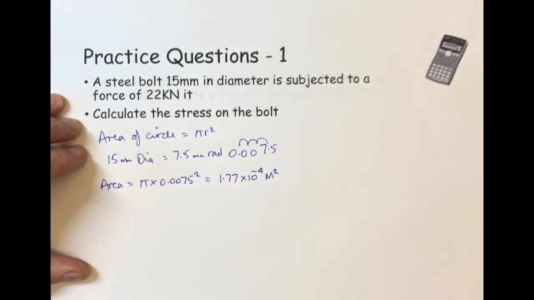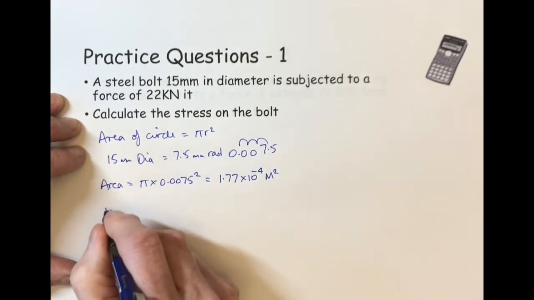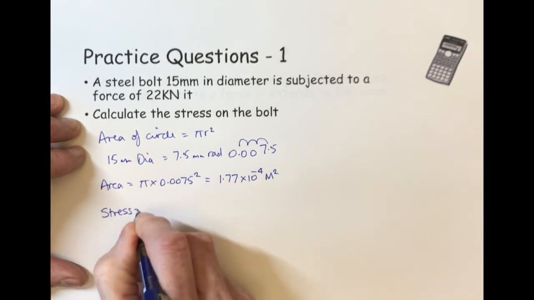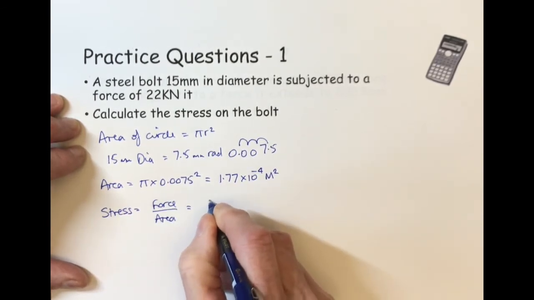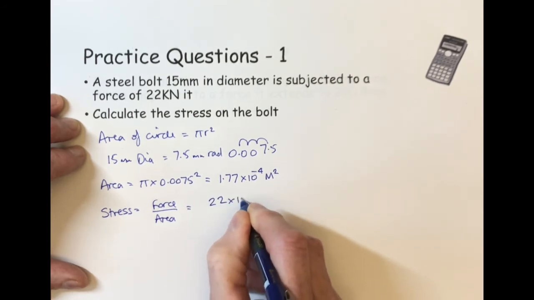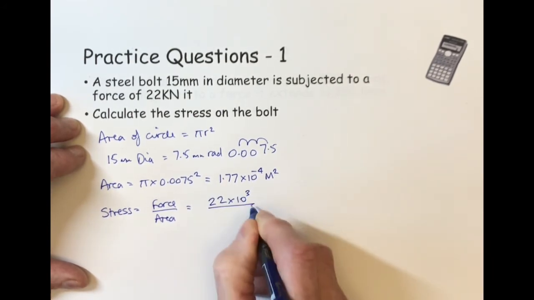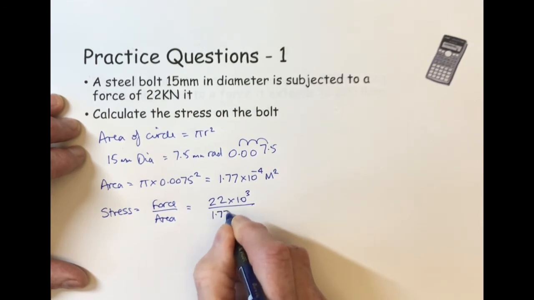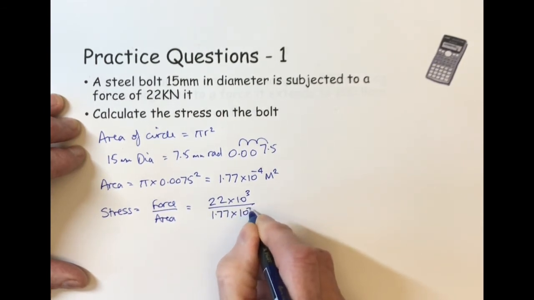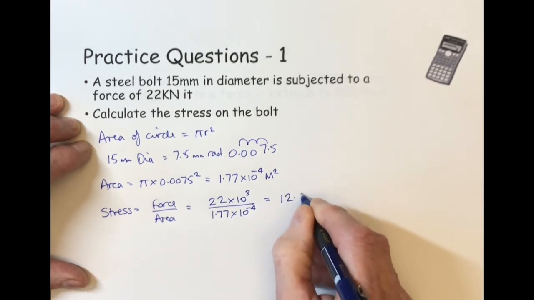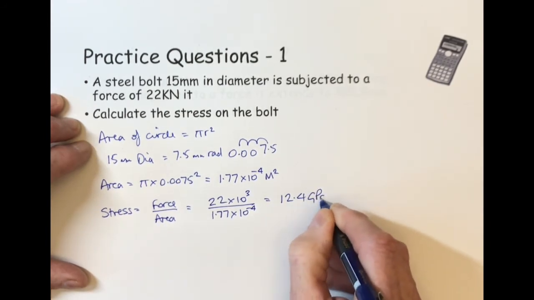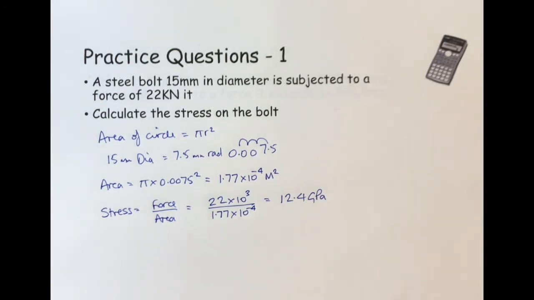Okay, and then all we need to do is to put it into our stress equation, and that comes to 22 times 10 to the power of 3 divided by 1.77 times 10 to the power of minus 4, and that comes to 12.4 megapascals. So remember, lay it out nice and clearly and put your units in as well.